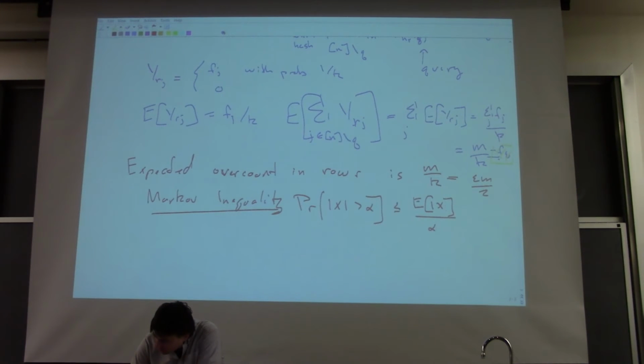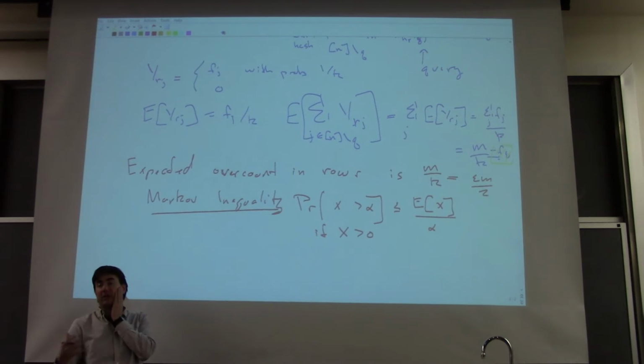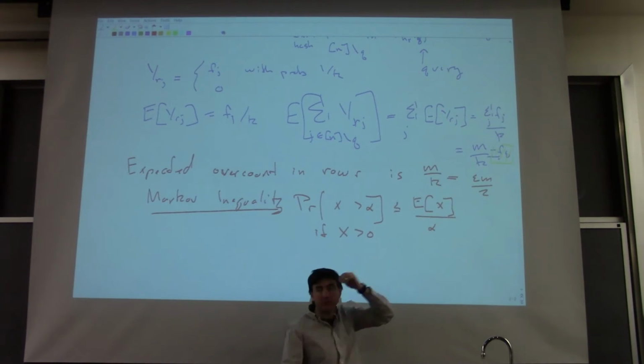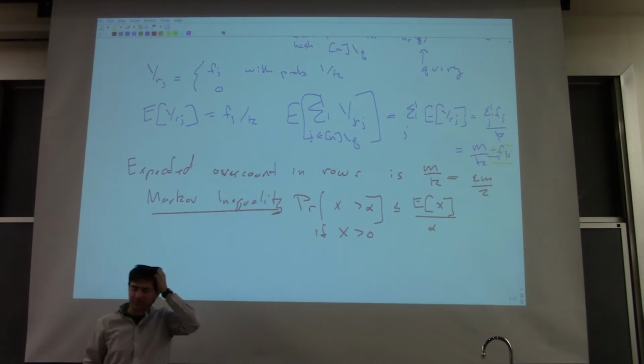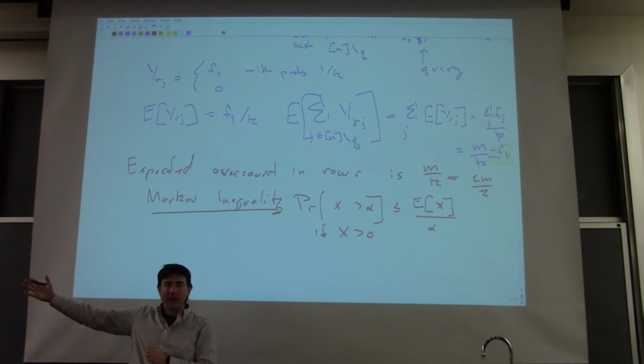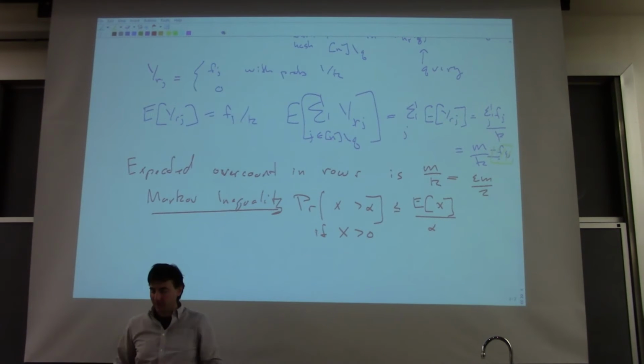Actually, it shouldn't be; you should enforce this if we know that x is always greater than 0. So it turns out that this overcount is always greater than 0. And so the probability that it's greater than alpha is less than the expected value over alpha. Okay. So you can say if it's always greater than 0, its expected value must be greater than 0, and if too much of it is very far away, then the expected value couldn't be so big.